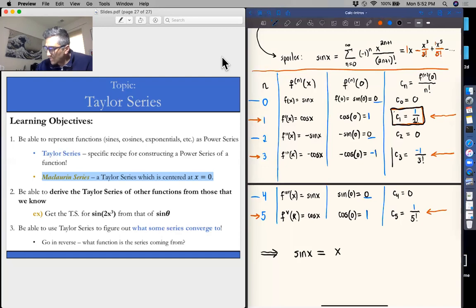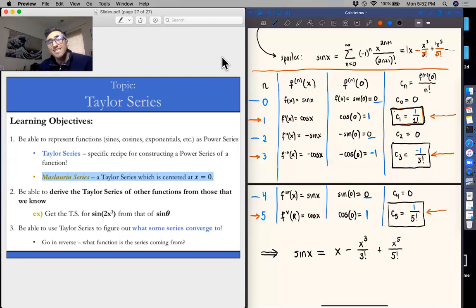Then the next term that's non-zero is the C3 term, which is a negative 1 over 3 factorial, and we have x to the power of 3, because that's the n equals 3 term from the way our series is indexed here. And then the next non-zero term is the fifth term, which is a plus 1 over 5 factorial, which means since n equals 5 there, we raise x to the power of 5.